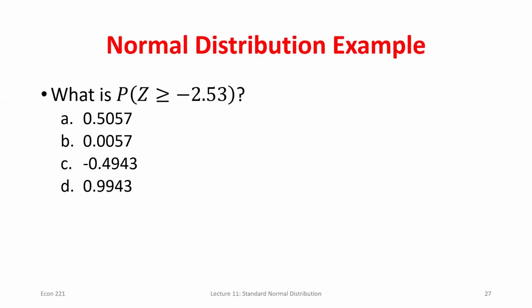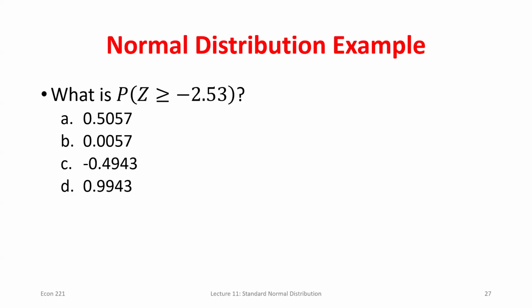So if I select someone at random, what's the probability that they're 2.5-ish standard deviations below the mean or anything above that? Well, we just said the probability that I'm less than 1.29 standard deviations was like 0.1. So if I want to know the probability of being less than negative 2.5, what's going to happen to the area in that tail? It's going to get smaller, okay? So I know that probability should be less than 0.1.